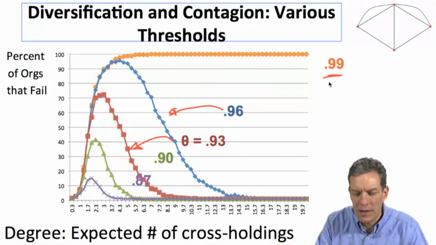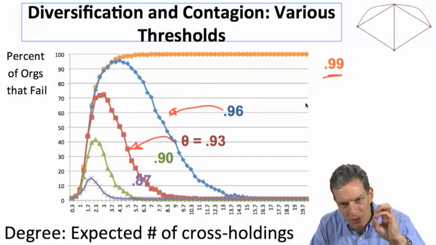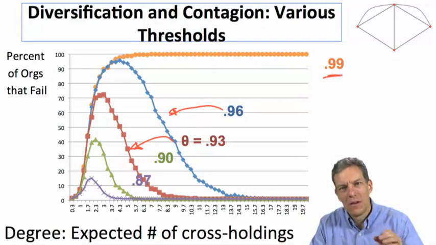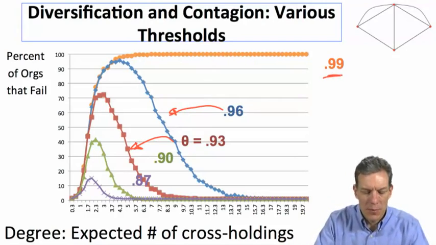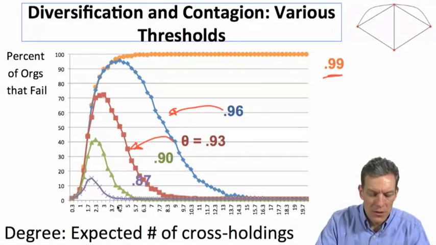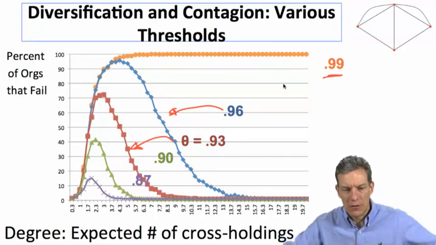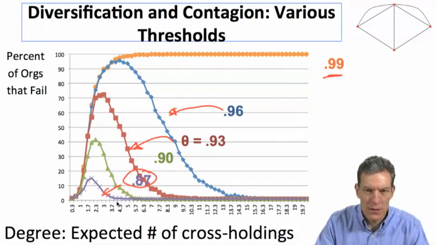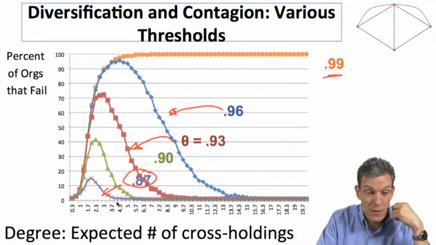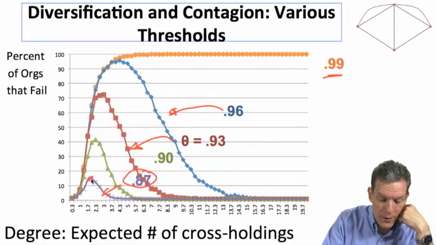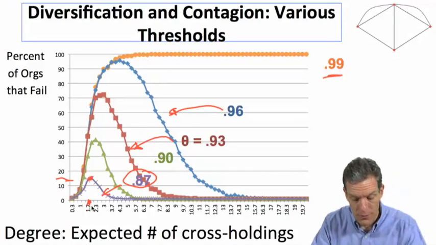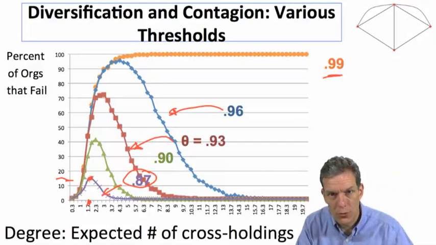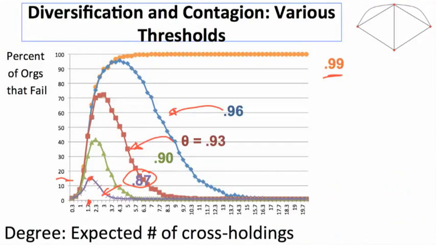If you run this all the way up to 99%, so even a tiny amount causes a drop in the organization's value, then once you get to 3 or so, basically all organizations are going to fail and you're just going to have complete contagion. And then if you're down to 87%, so organizations can have a bigger cushion, then you see much smaller contagions, and it happens at a lower threshold in terms of the expected number of cross-holdings or this diversification level.